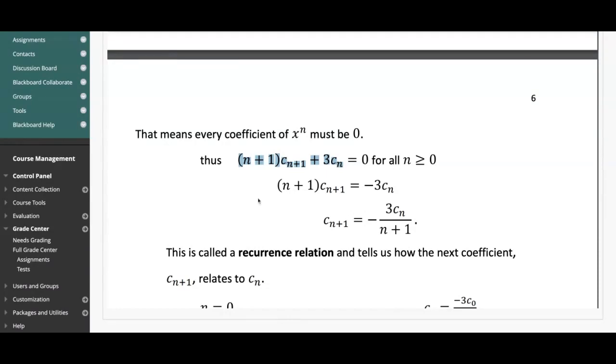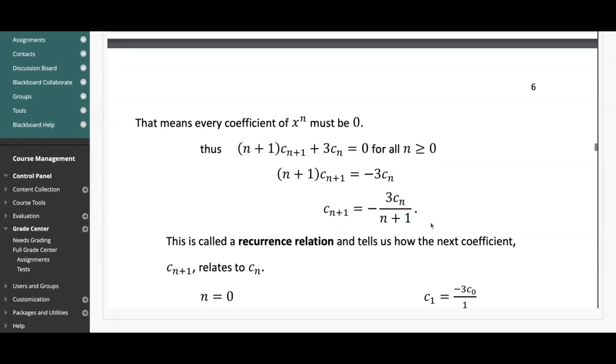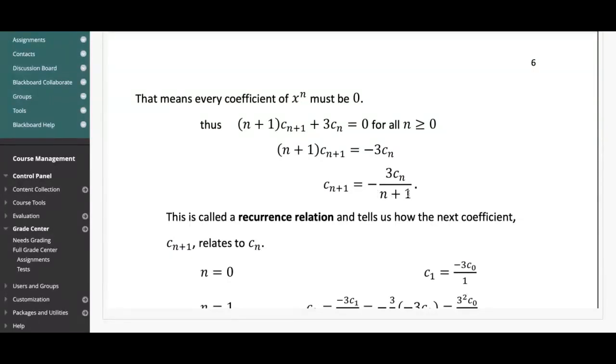Right? So from here, we can find the relationship of the nth term and the n plus 1 term. In this case, we see the n plus 1 term equals the previous term times -3 over n plus 1. It's better to write c_{n+1} equals negative 3 over n plus 1 times c_n.